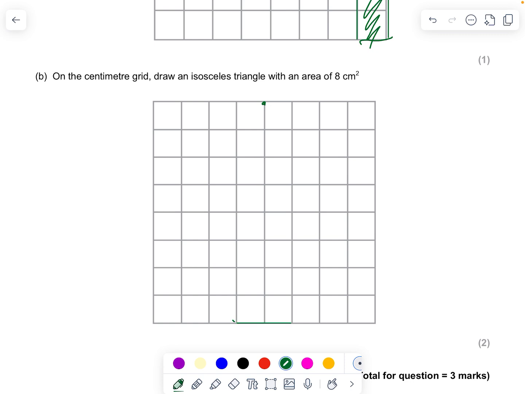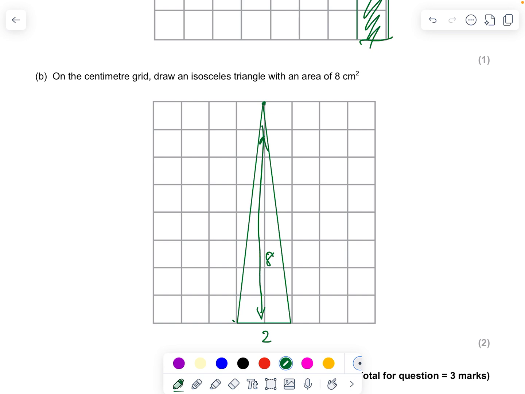So 2, and then a height of 8. Sorry, that's not very straight, but a height of 8. So I might draw that again. Sorry. There we go. It's not perfect, but that is an isosceles. So we've got 2, and then the perpendicular height is 8. Okay, so 8 times 2 would give you 16, and then halve it to give you 8 centimetres squared.